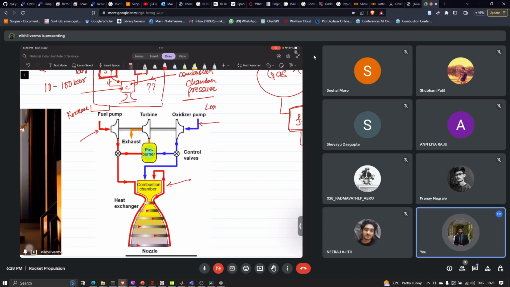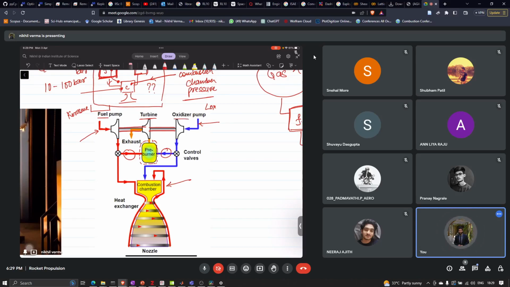We take a part of the kerosene and a part of the oxygen and burn it in a pre-burner. This pre-burner uses combustion to increase the temperature and eventually drives a turbine, and this turbine is connected through a shaft to both the fuel pumps and the oxidizer pumps.